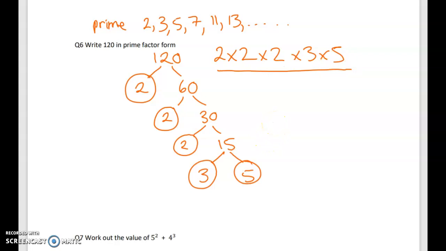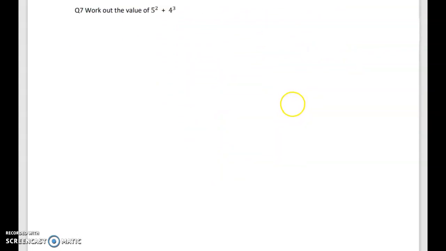Okay, our final question is on working out the value of these two added together. It's going back to what we did before. We need to work out this number here. Remember, 5 to the power of 2 means 5 times 5, which is 25.